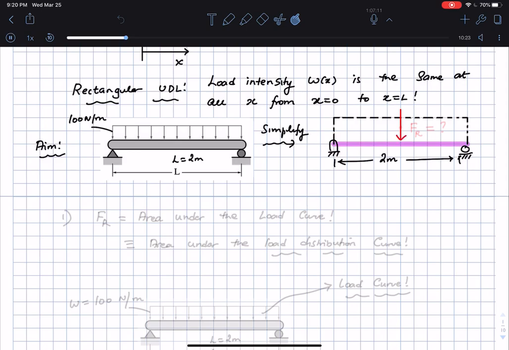Okay, I'm going to be putting a dot there. So the idea is, what is FR and where does it act? Okay, and here is the key to solving this problem.